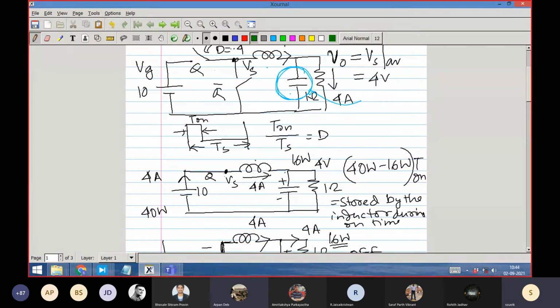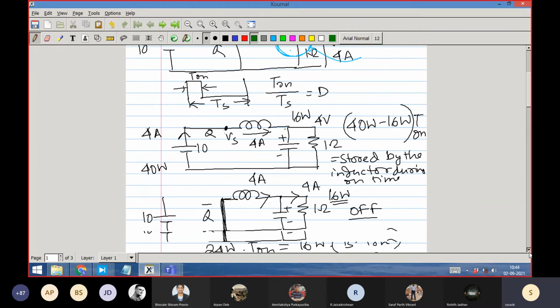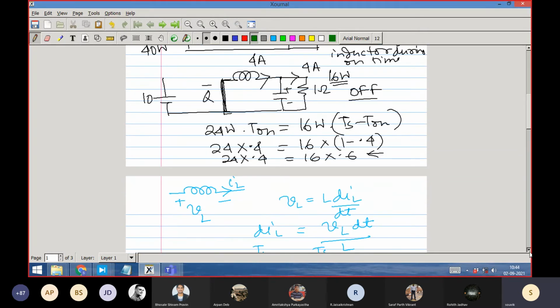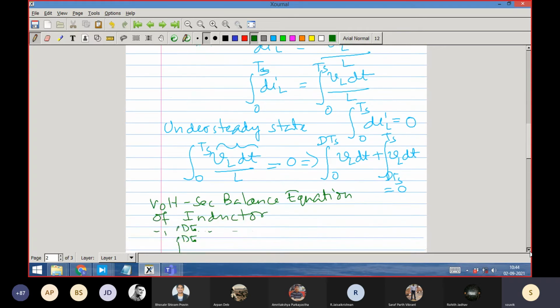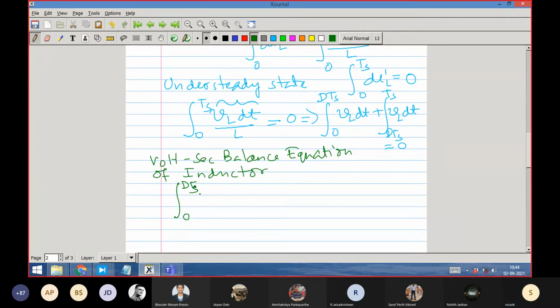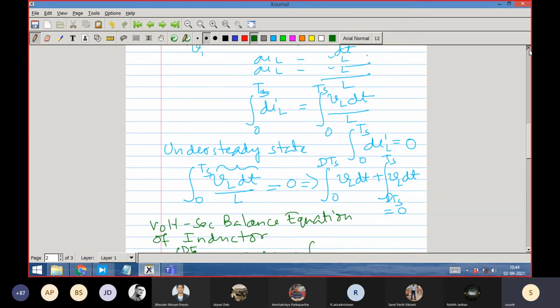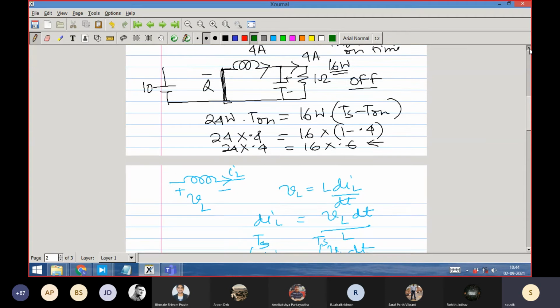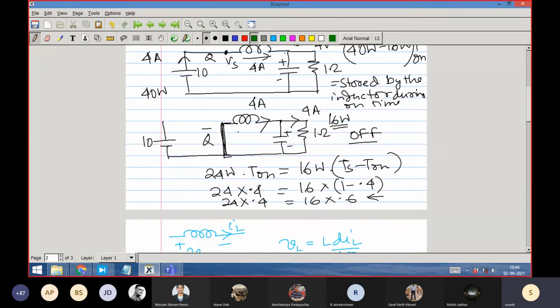VG minus V0. Let us talk in terms of parameters. We say VG minus V0. You always write the input source as VG. So we say VG minus V0 into dt, plus the off time. What should I write for the voltage across the inductor during the off time?